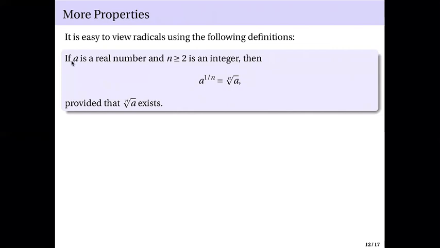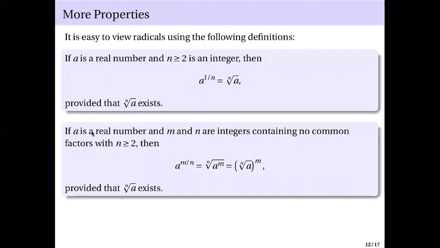So again, if a is a real number and n is an integer greater than or equal to 2, then the nth root of a is equal to a raised to 1 over n, provided that the nth root of a exists.